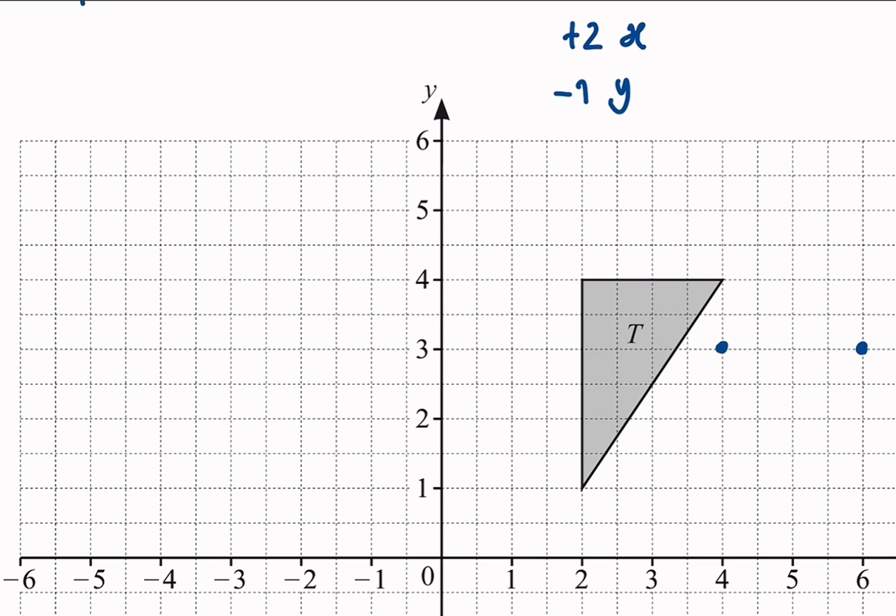Plus 2 in x direction from 2 to 4, and then minus 1 in y direction, which is from 1 to 0. Therefore, this is my new triangle after translation.